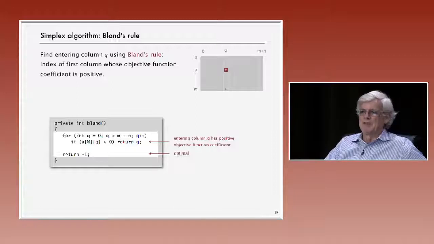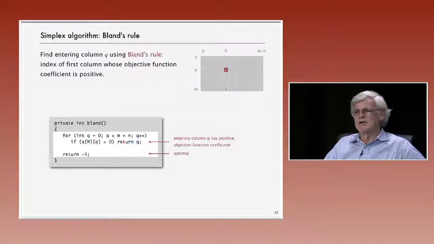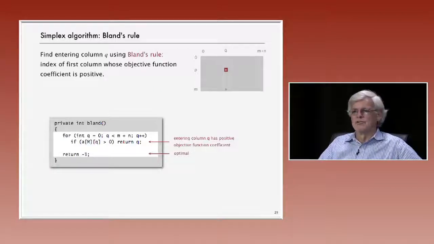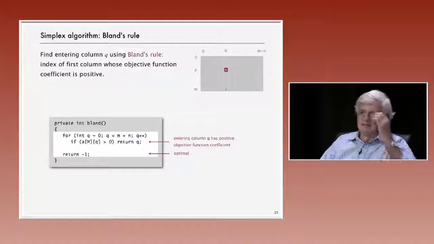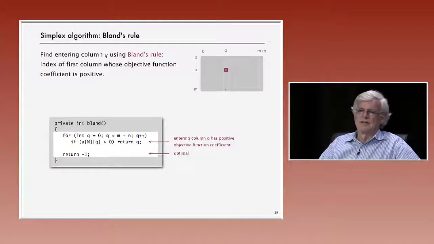And remember, Bland is the one who wrote the classic Scientific American article about beer. So we use Bland's rule to go through and look at the last row, which is the objective function, and look for a positive entry. So that's all it does. It just goes through and looks for a positive. If it finds one, it returns that column, and that's what we're going to use.